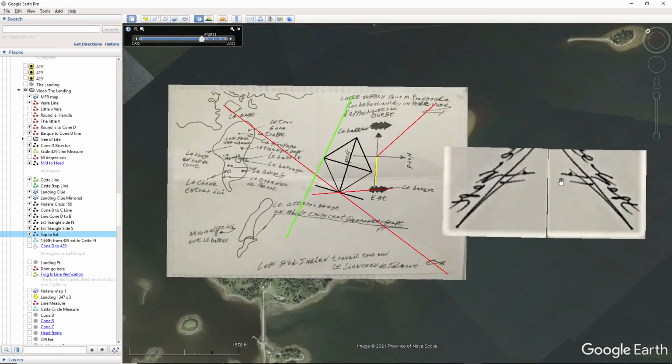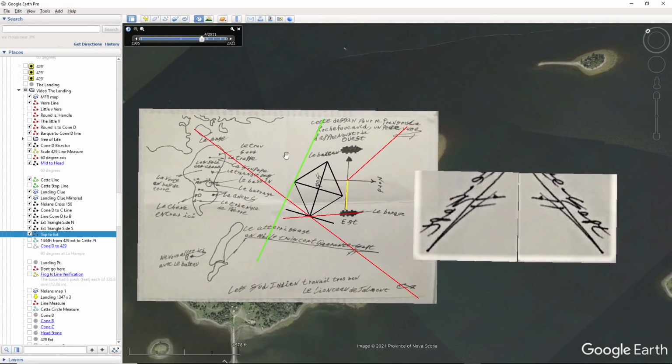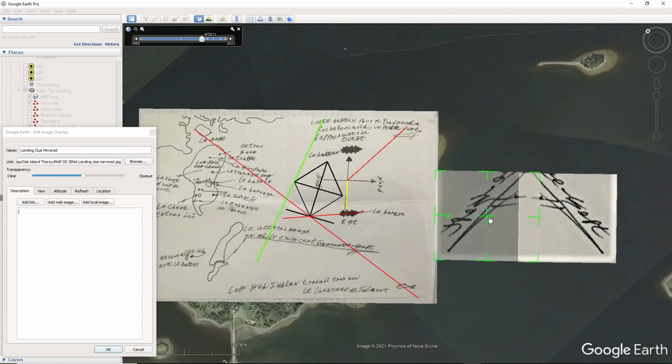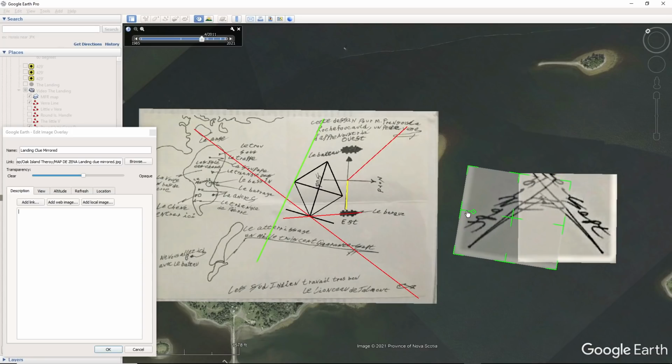And this concept is pretty hard to see, and it's understood if we take this landing clue and we put them together to where the little triangle is the center line.